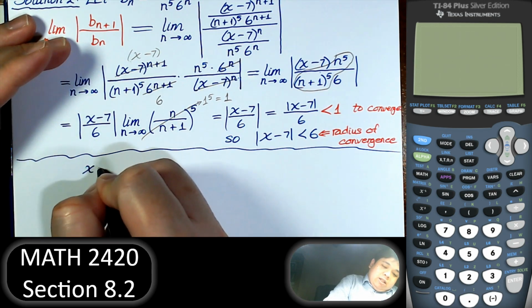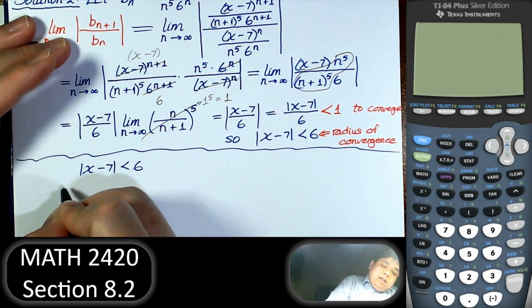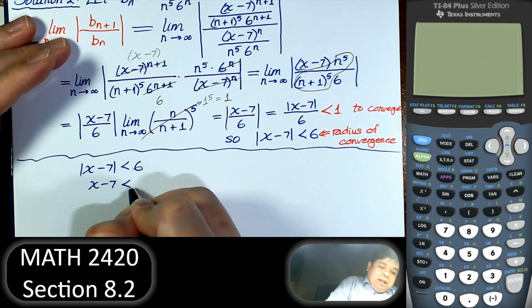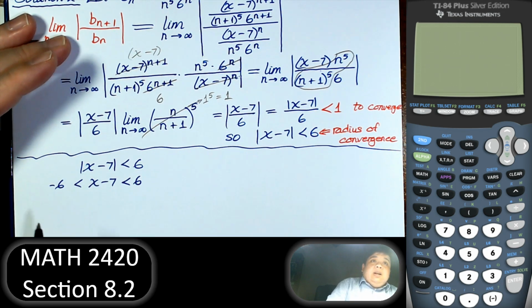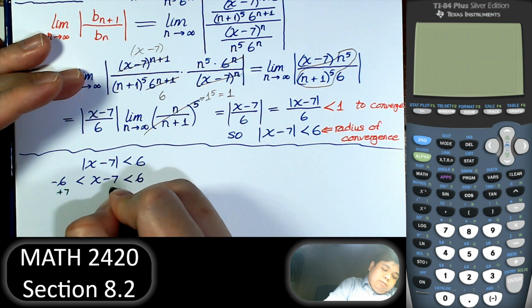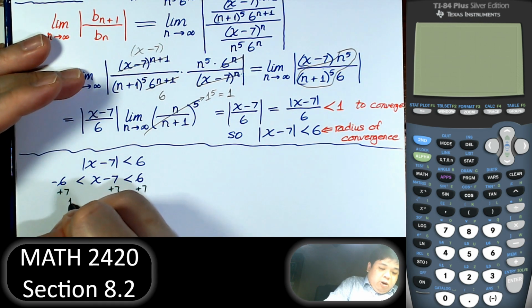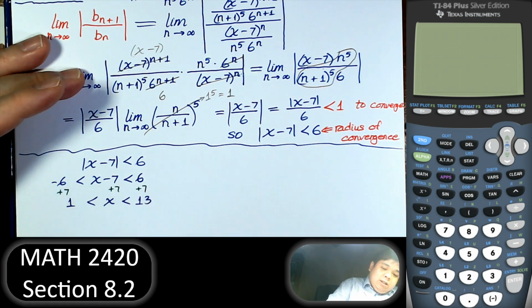So x minus 7 is less than 6 but greater than negative 6. Add 7 on both sides, so we have 1 less than x less than 13.